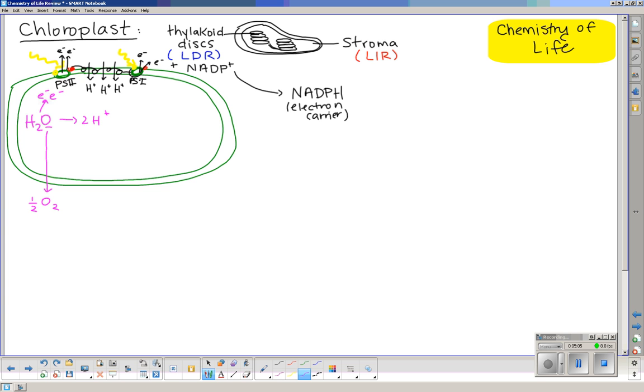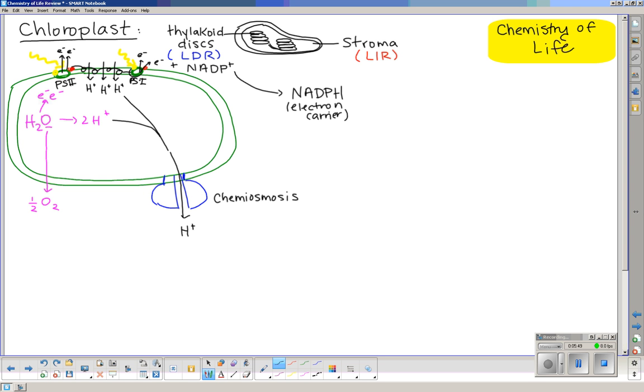Hydrogen is accumulating inside the lumen of the thylakoid, and the membrane is not permeable to hydrogen because of its charge. Around the membrane, though, is an escape route in the form of a molecule called ATP synthase. This molecule, ATP synthase, allows hydrogen to go out through a channel. As hydrogen goes out through a channel, a process called chemiosmosis occurs.